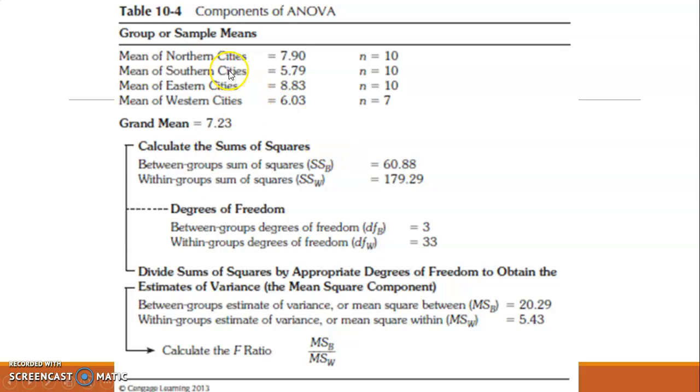This is in your book, Table 10.4, and it goes through all the steps. It doesn't give you the math, but it goes through all the steps that we were looking at before. So make sure you look at all of these, you look at the steps, you understand how they got these, you understand how they put together before we get started on the next video where we're actually going to be doing an example with real numbers.